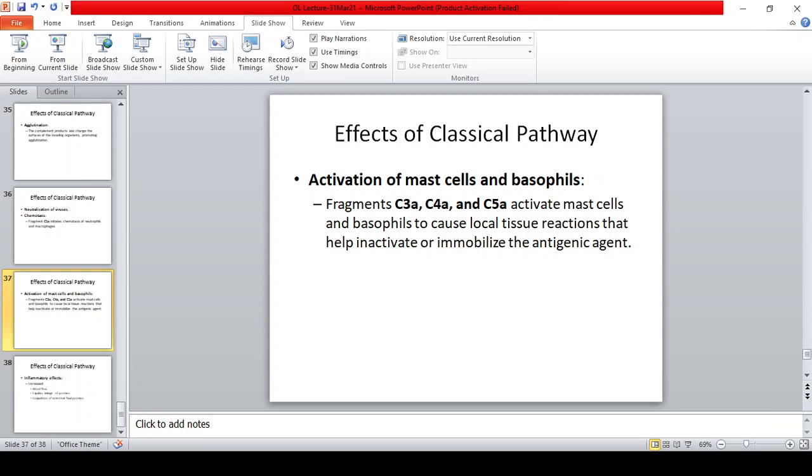Then there is activation of mast cells and the basophils. So the fragments which are formed by the classical pathway, like C3a, C4a and C5a, activate mast cells and basophils to cause local tissue reactions that help in inactivating or immobilizing the antigenic agent. So activation of mast cells and basophils is another effect.